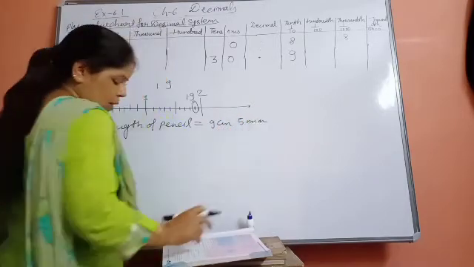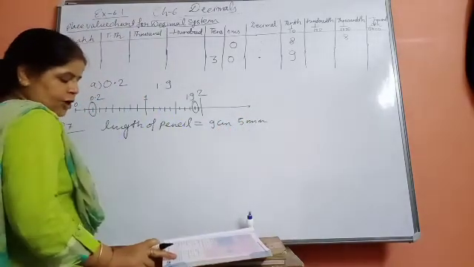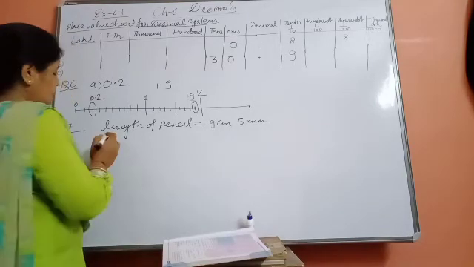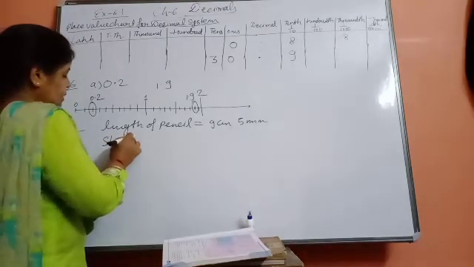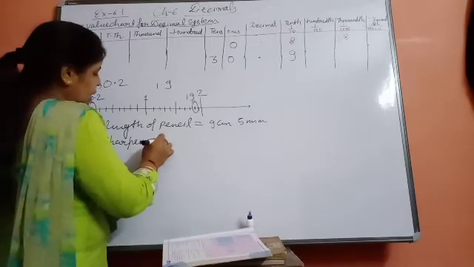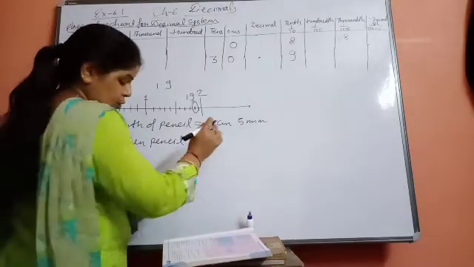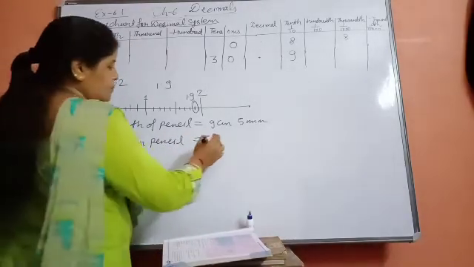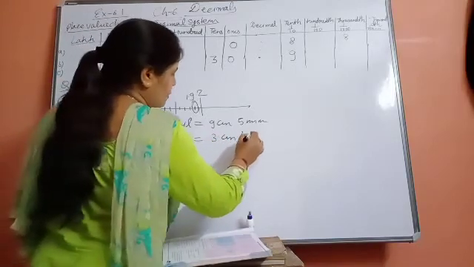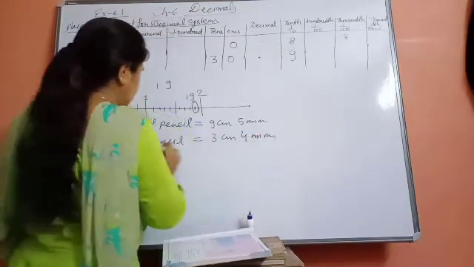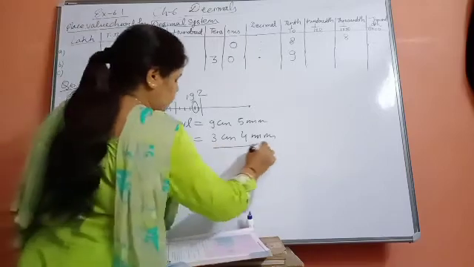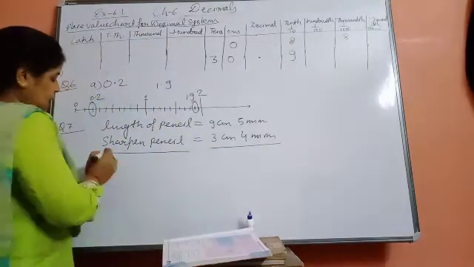Okay, so what he is saying: if he sharpens the pencil by 3 centimeter and 4 millimeter, he is asking how much pencil will be left, how much remaining length.